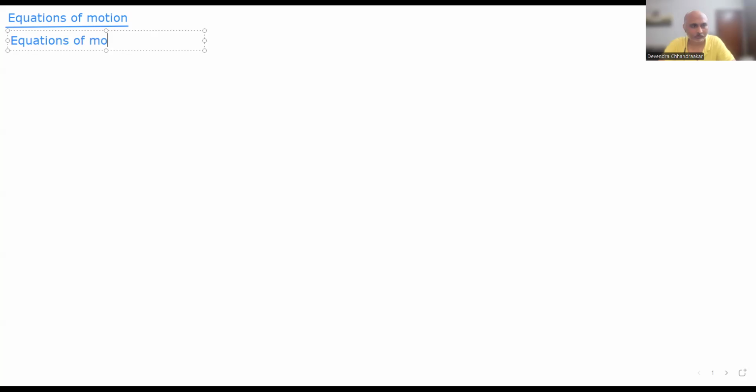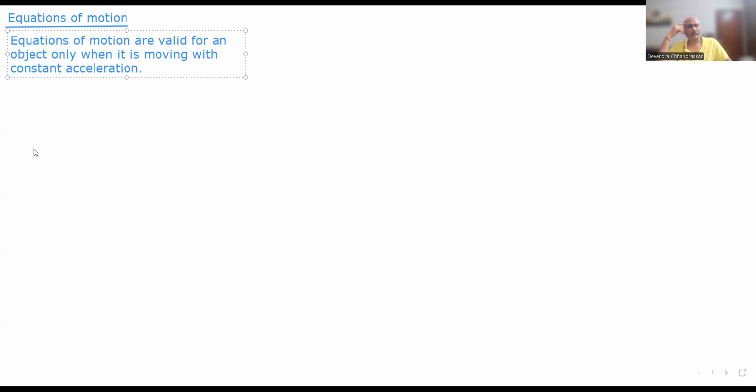Equations of motion are valid only for an object when it is moving with constant acceleration. Equations of motion are valid for an object only when it is moving with constant acceleration, right?